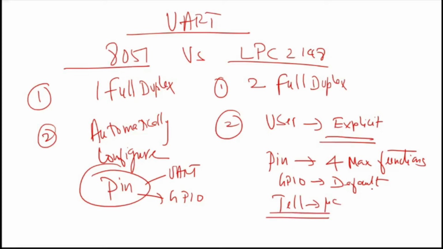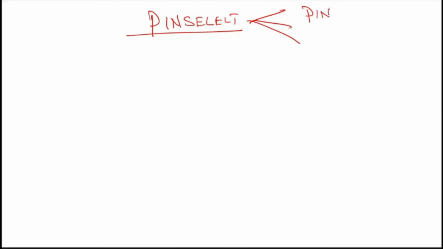How do I tell the microcontroller? I use the pin select SFR. So that is my first discussion, pin select SFR. There are 3 pin select SFRs: pin select 0, pin select 1, and pin select 2.